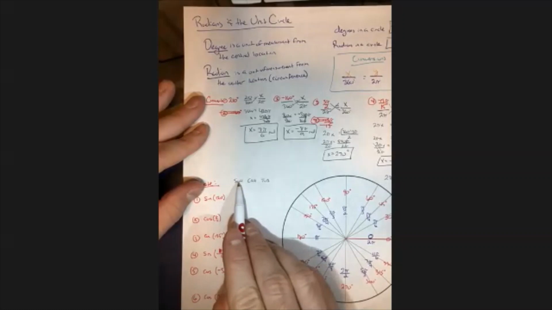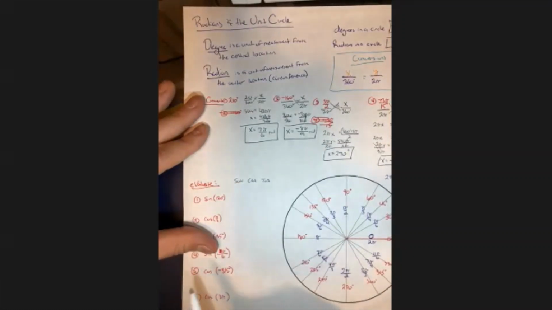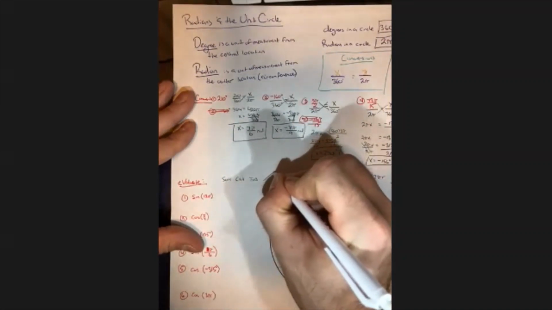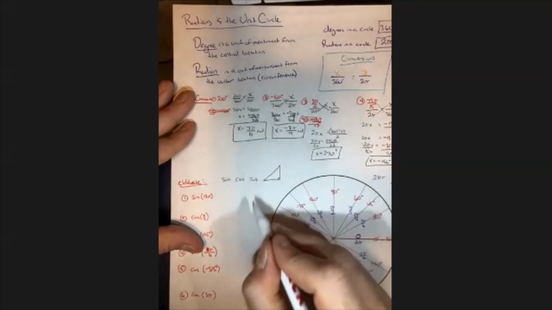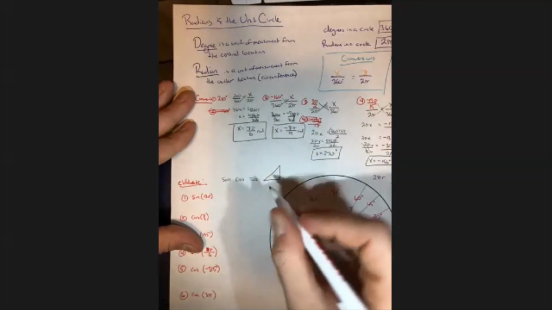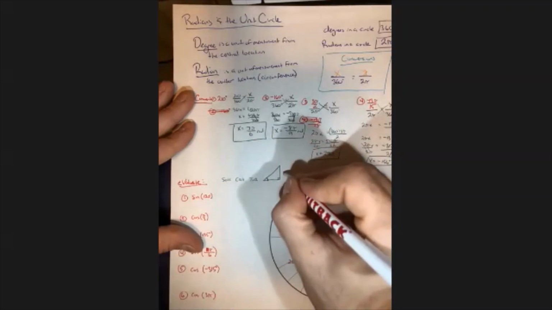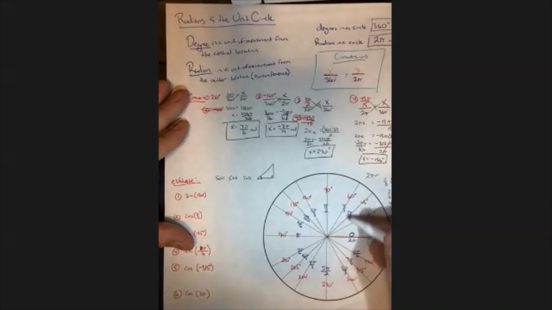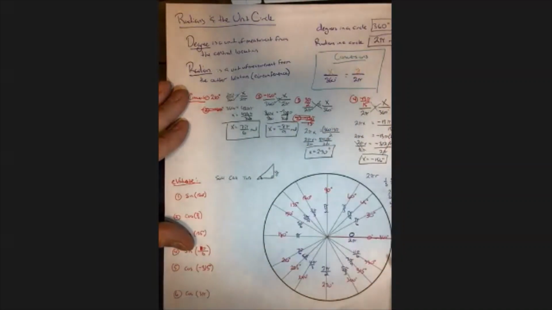So sine is opposite over hypotenuse. And if we think about that with the unit circle, we create a bunch of triangles, no matter how it's oriented. But I know that in that central angle, sine is opposite. That's the distance up, which is basically just our y value.